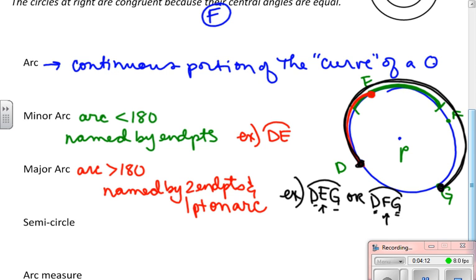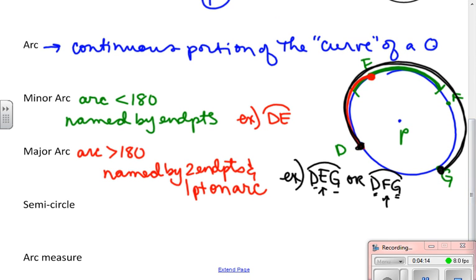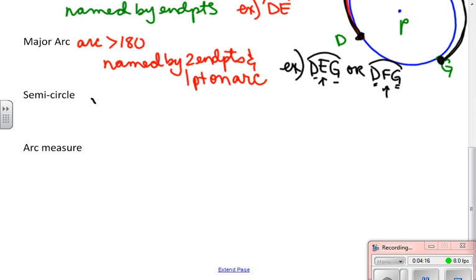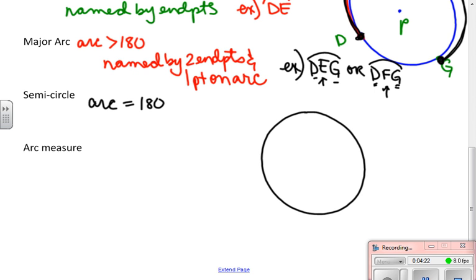Now a semicircle is an arc which equals 180 degrees. And so that is one that has to go through the diameter, which would be here.